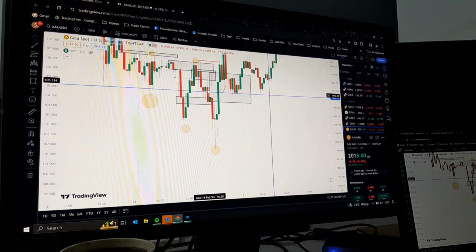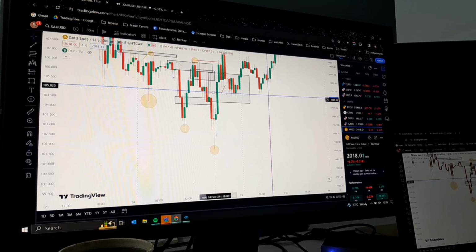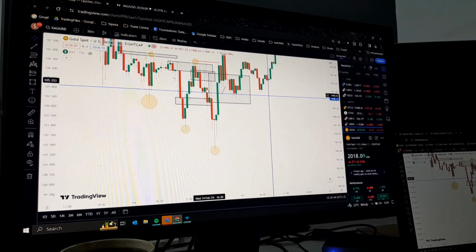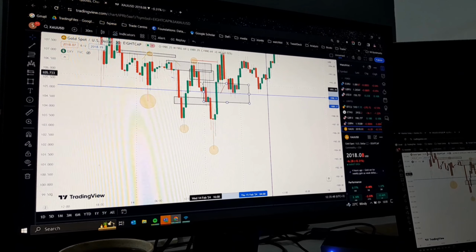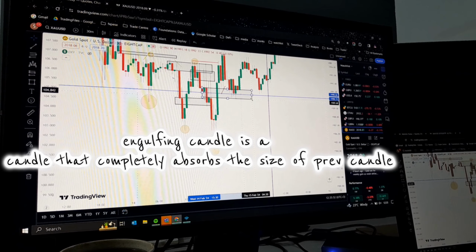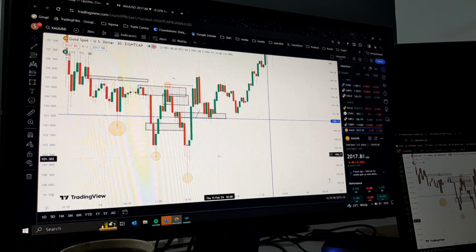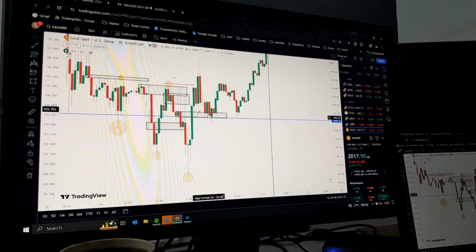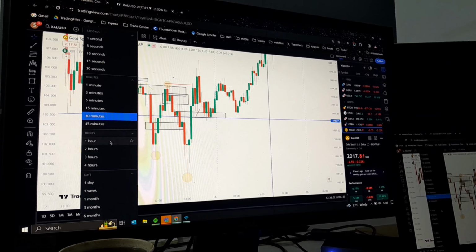At this point right here, in the 1 hour double Marabuzo, we find an engulfing candle, so we'll mark the engulfing candle to make our zone smaller. Then when market taps on your POI, you look for a rejection.